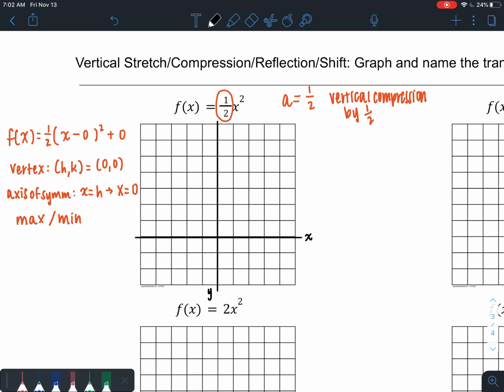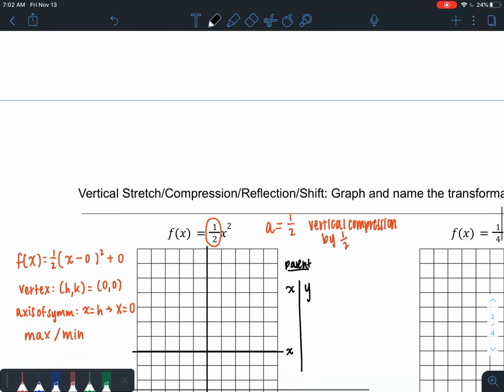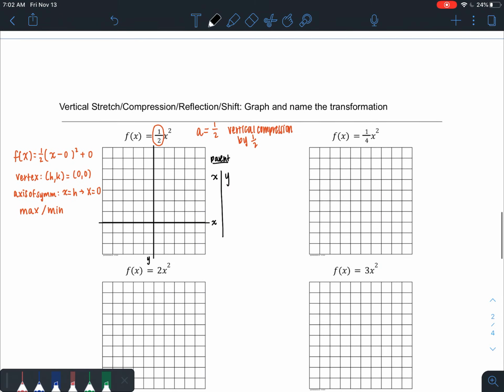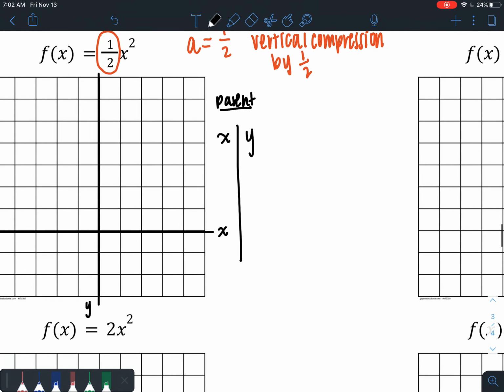All of my points before were, this is my parent function, and I'm getting this just from our table that we did on the very first page. So I'm just going to write these values down.